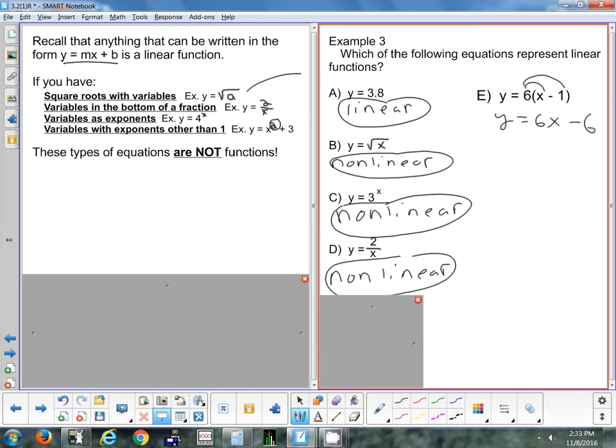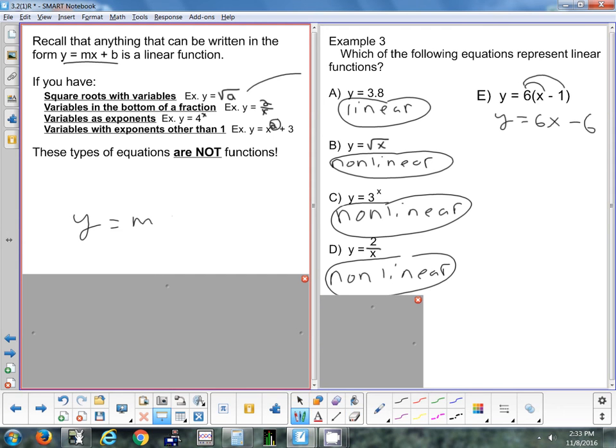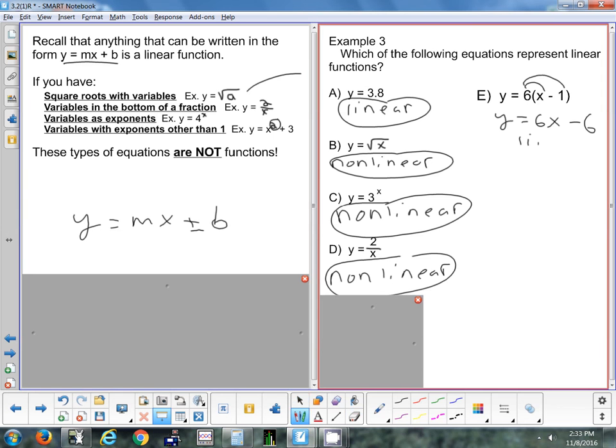Now somebody remind me, what was the form of something that's linear? Y equals mx plus b. Is this one, and it could be plus or minus, in that form? Yes. That is linear. Even though it didn't look linear at first because we had these parentheses, it is.